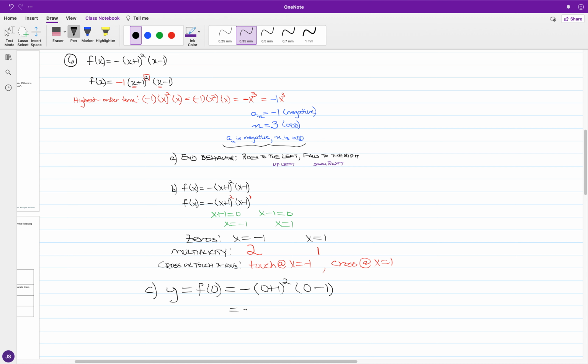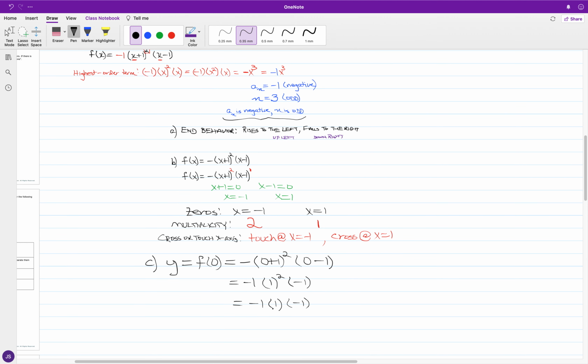And let's move this on down. So you have the negative sign is negative 1. 0 plus 1 is 1, that is squared. And we have 0 minus 1 is negative 1. And just bunching together, you got negative 1, 1 squared is 1. And so we have negative 1 times 1 is negative 1.